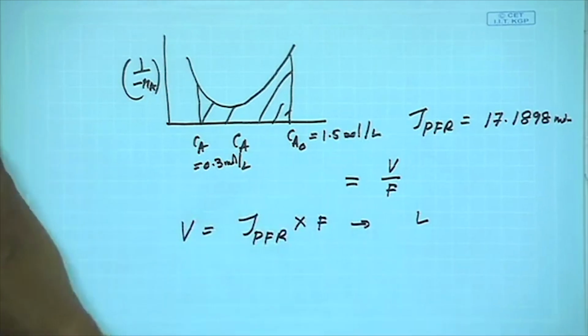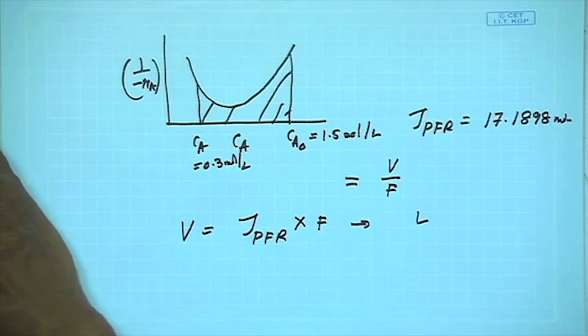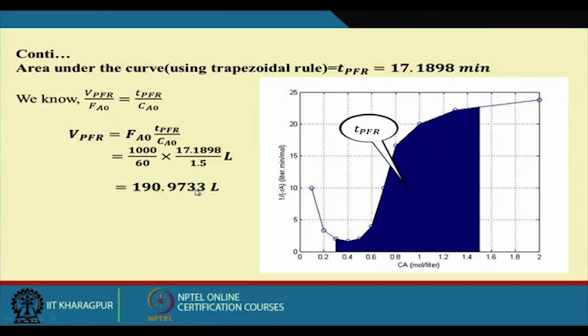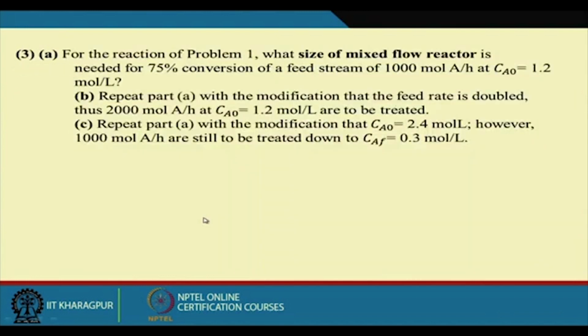This is exactly what we have found out: tau times F, and your volume is coming about 190.9733 liters. This will be the volume of that plug flow reactor.